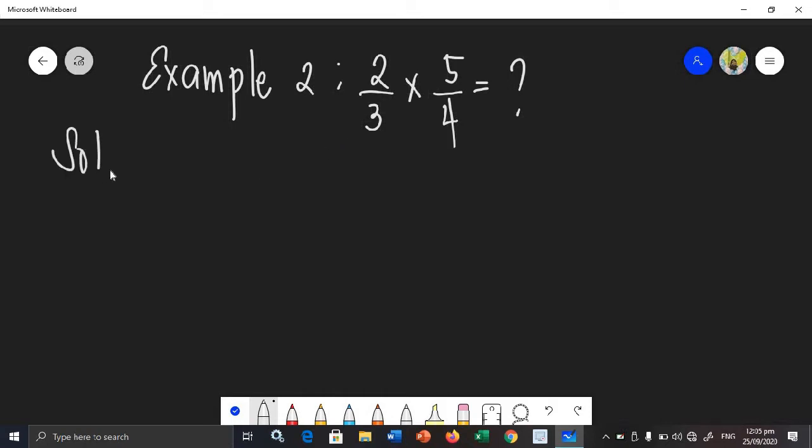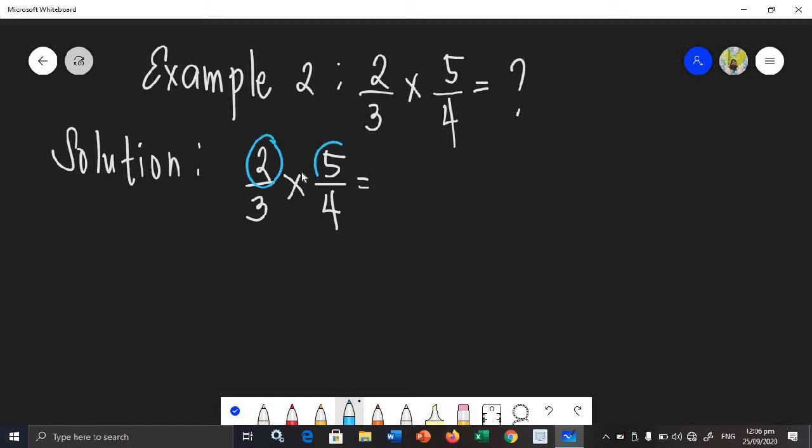Let's solve this first just like our first example. That method: 2/3 times 5 over 4. What we did earlier was just multiply, and then simplify if necessary. So 2 times 5, that is 10.